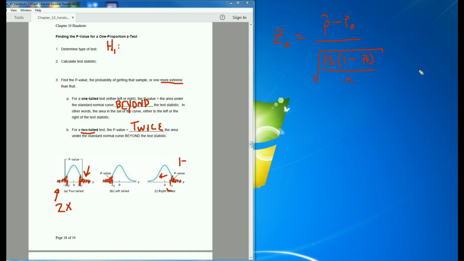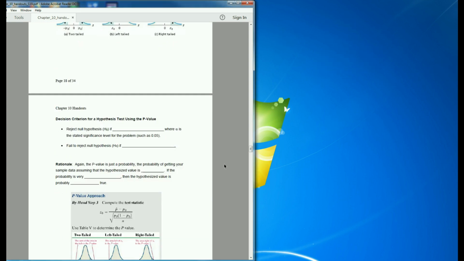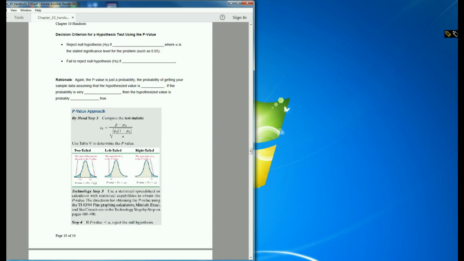Okay, I'm going to erase and move to the next page. All right, and then finally, I already mentioned this, but our decision criteria for the hypothesis using this p-value method: you are going to reject your null hypothesis if your p-value is less than alpha, where alpha is your significance level.